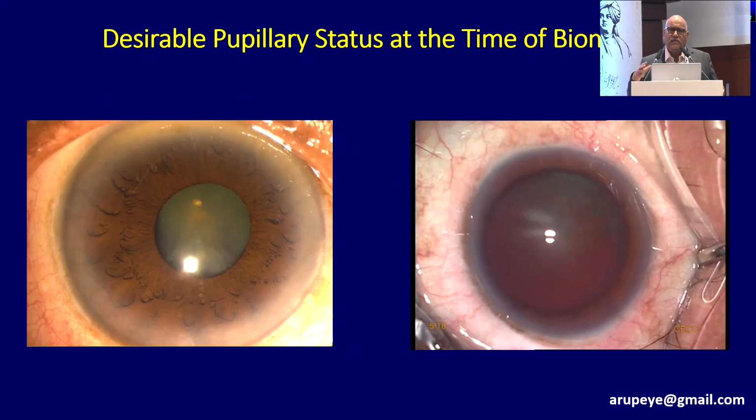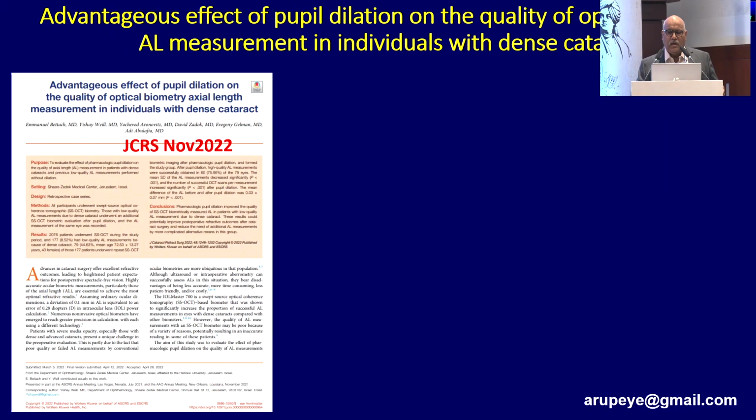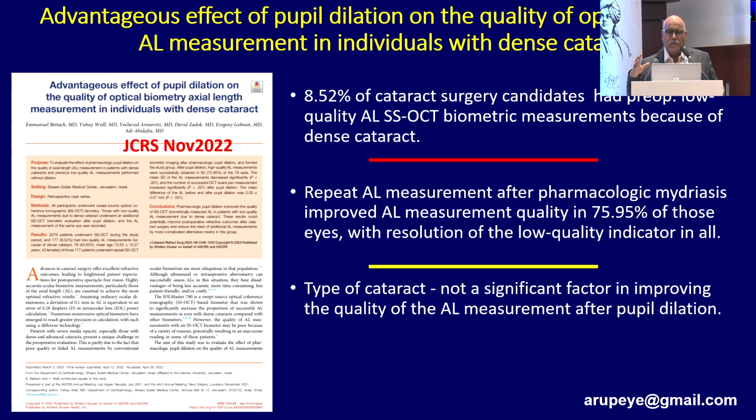I had realized that when I was doing ultrasonic biometry, in certain cases I wouldn't get a good value if I didn't dilate the pupil. So I have been dilating those patients when I used to do ultrasonic biometry. Then recently I found a paper where it has been recommended even for those using an OCT-based optical biometer.